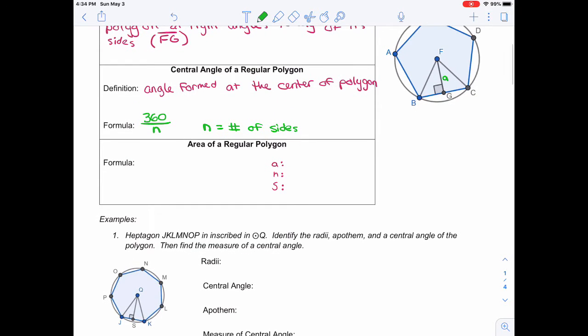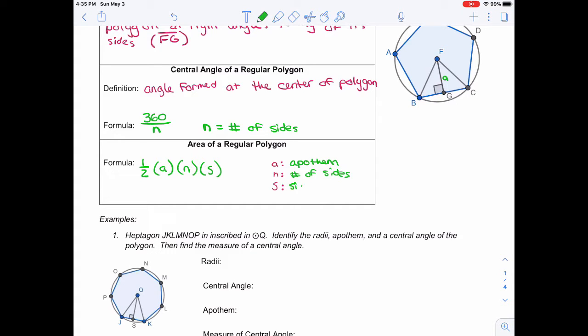And for our final box here, we have the area of a regular polygon, and our formula is 1/2 times our apothem, so that A, times our n times S. So A, as I said, is apothem, n is our number of sides, and S is going to be our side lengths.